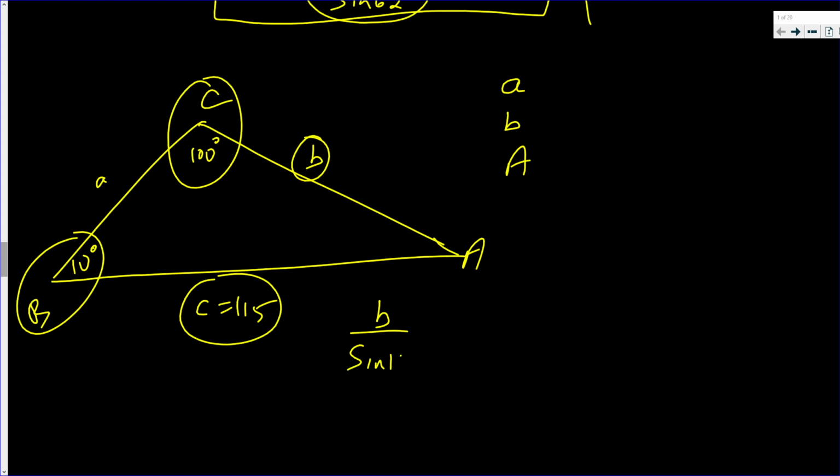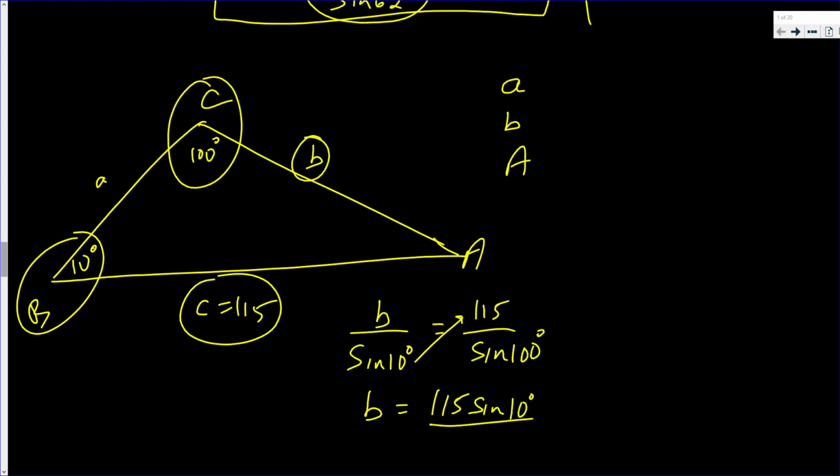So I'll put the unknown on top. Little b divided by the sine of B is equal to little c divided by the sine of C. This goes up there. So little b is 115 sine of 10 degrees divided by the sine of 100 degrees, which is .2776. So we have b.